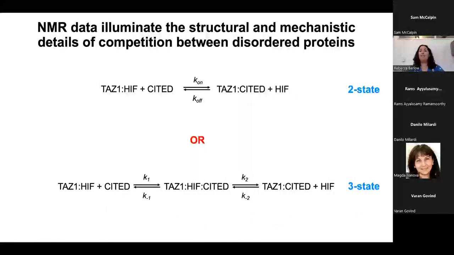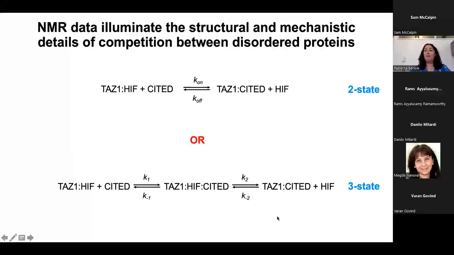And simply what we were interested in understanding further, as another confirmation of our prior work, was whether these data and this complex behavior could be consistent with the 2-state model that I'm showing here on the top of the slide, where HIF-1 alpha would need to dissociate before CITED2 could bind to TAZ1, or if these data are more consistent with perhaps a 3-state or higher order model, where we could form a ternary complex between TAZ1, HIF-1 alpha, and CITED2 that then would allow HIF-1 alpha to dissociate once CITED2 is already bound.